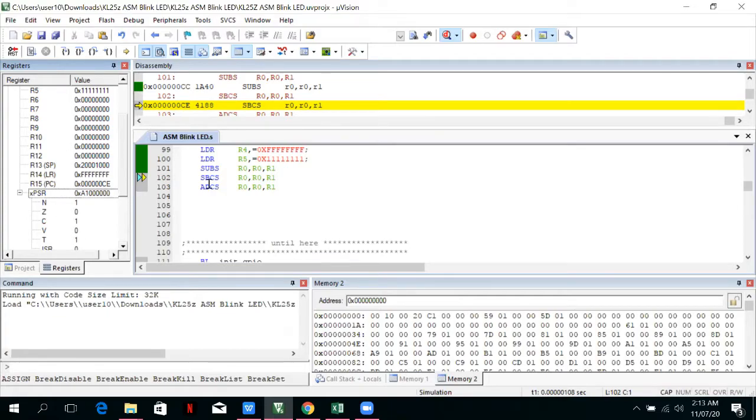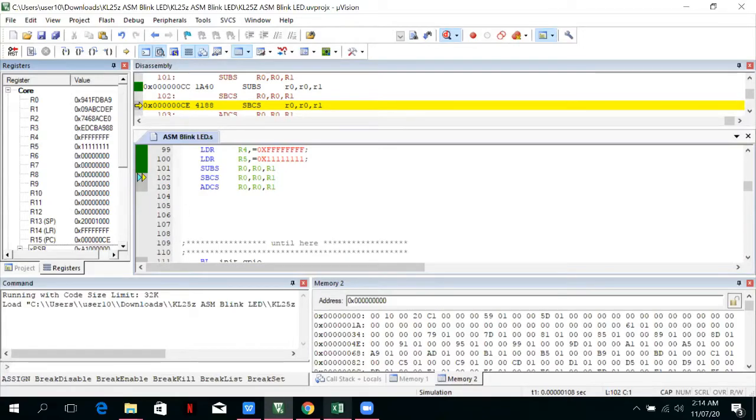For the SBCS instruction, R0 is subtracted with R1, and the result is placed at R0.